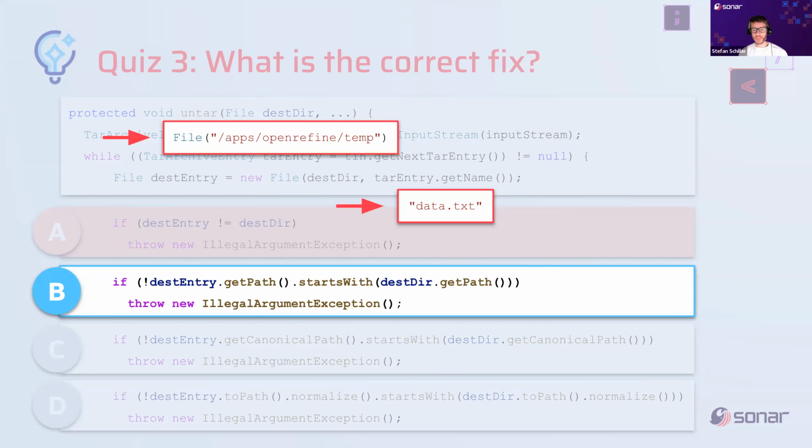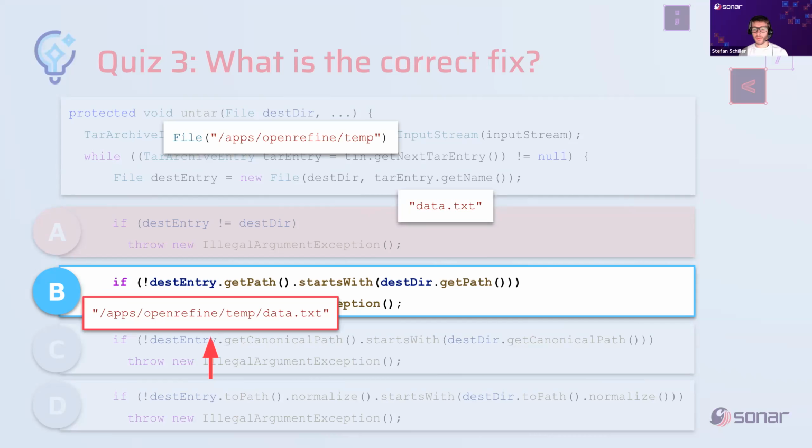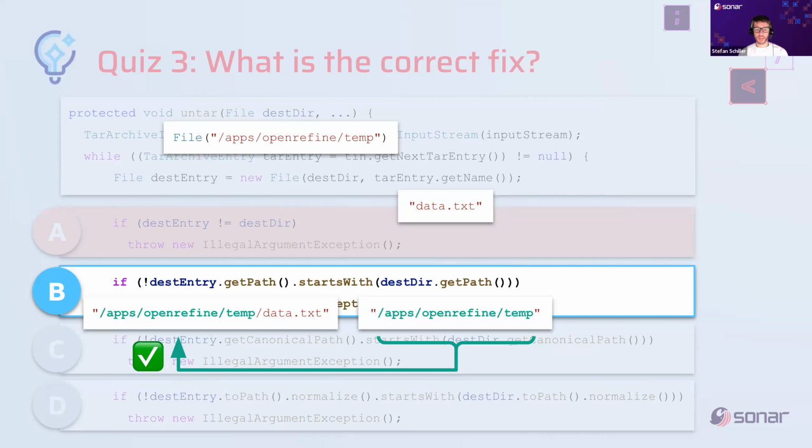So let's assume the destination directory is set to apps/openrefine/temp, and the file name of the archive is simply data.txt, as we've seen in the example. The path of the destination entry is now a simple concatenation of both of these strings. This means that the startsWith method call returns true because the path of the destination entry starts with the path of the destination directory.